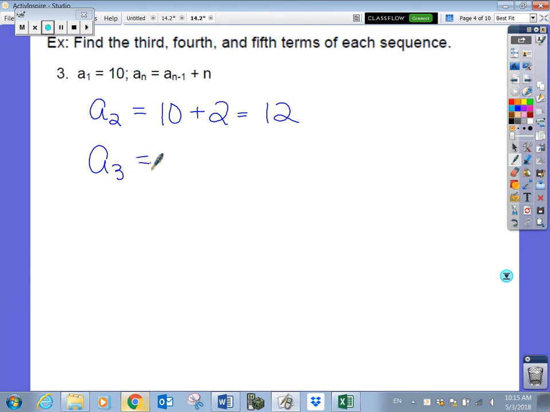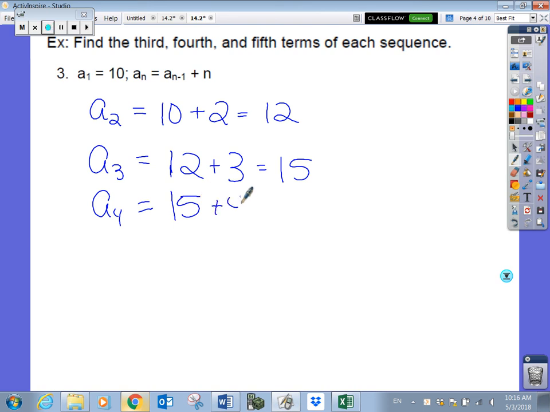For the third term, we take the previous. Now the previous is 12 plus n, and n is no longer 2. Now n is equal to 3. For the third term, n is 3, so plus 3. For the fourth term, we take the previous, 15, plus n.